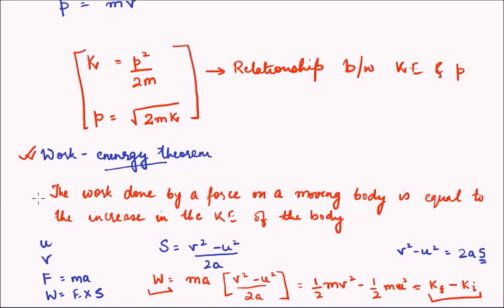Next, let us see the different forms of kinetic energy. Kinetic energy can be broadly classified into three forms. The first is translational kinetic energy. Second is rotational kinetic energy, and thirdly, vibrational kinetic energy.